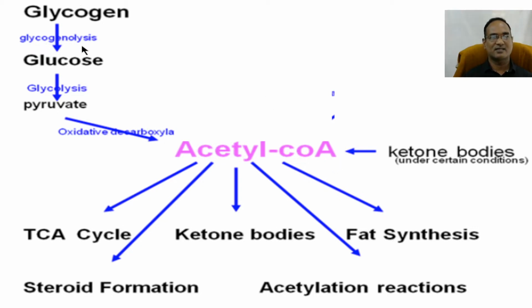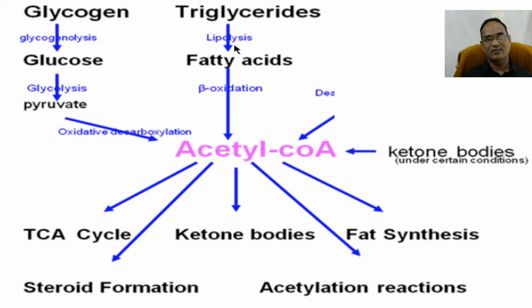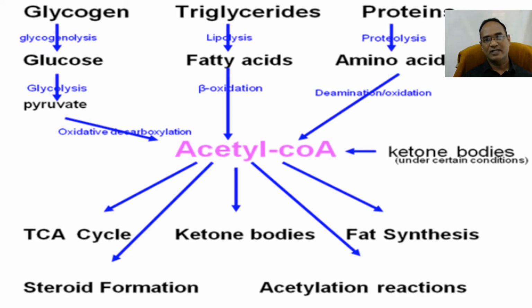For this process, glycolysis has to initiate. The second process is triglyceride lipolysis and beta oxidation, which finally enter into acetyl CoA. And the protein is converted into amino acids and enters into acetyl CoA with proteolysis. All these processes finally enter into acetyl CoA in the Krebs cycle.